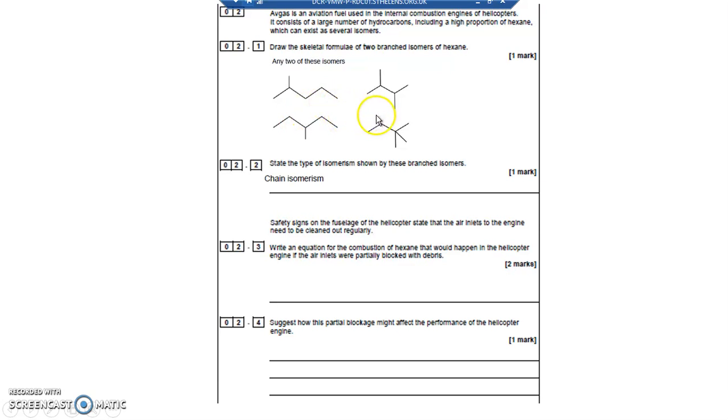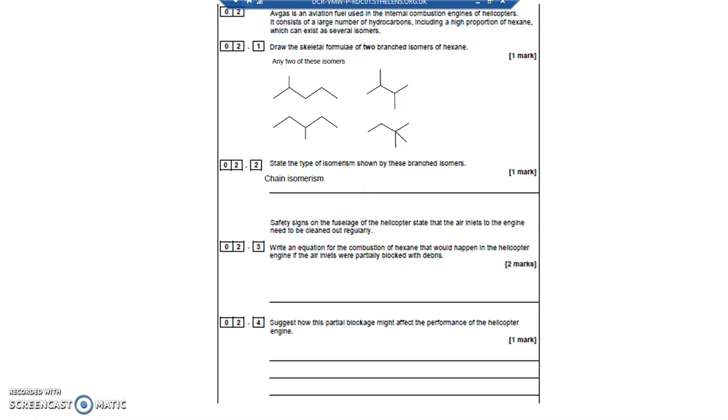And then you can have a functional group change where, I don't know, an ane becomes an ene, or an aldehyde becomes a ketone, or something like that. Chain isomerism, because hexane has been changed to give 5 in a line or 4 in a line with branches. Change the length of the carbon chain. But there's 3 different kinds of structural isomer: chain, positional and functional group. So you probably could have got away with structural isomerism as well.